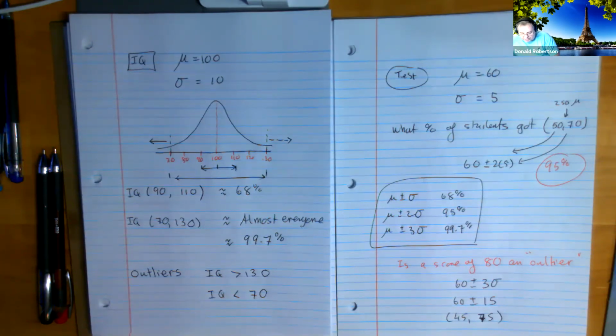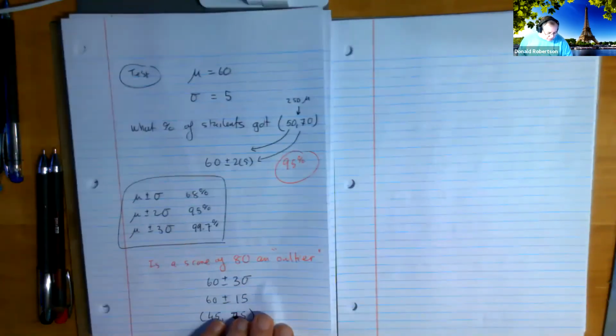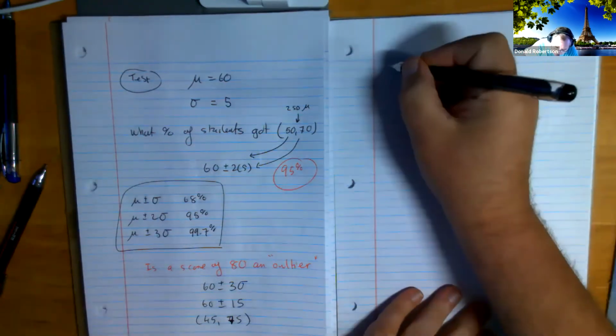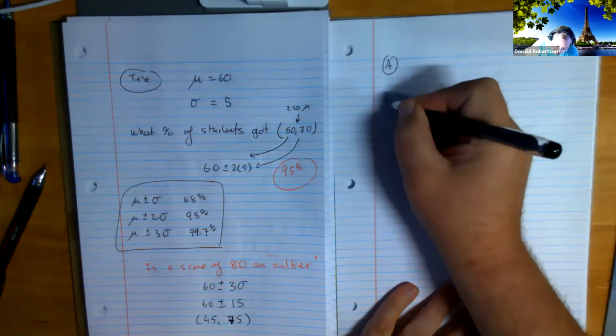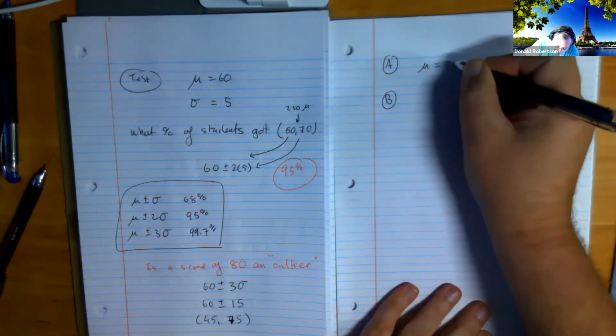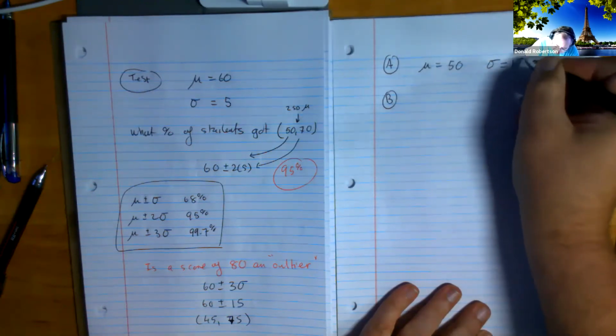And now you can actually do a comparison. So let me show you an outlier question in 2 contexts. Class A, Class B. In Class A, the average was 50 and the standard deviation was 10.